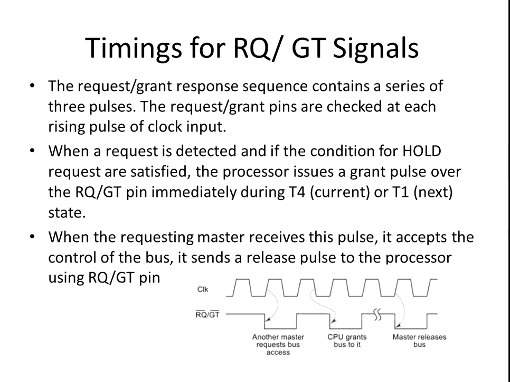When it is ready to release the bus, it sends a release pulse to the processor using RQ/GT bar. Here we can see that another master requests the bus, and in the next clock cycle, if the conditions are satisfied, the CPU grants the bus to it, and after completing its operation it will release the bus.